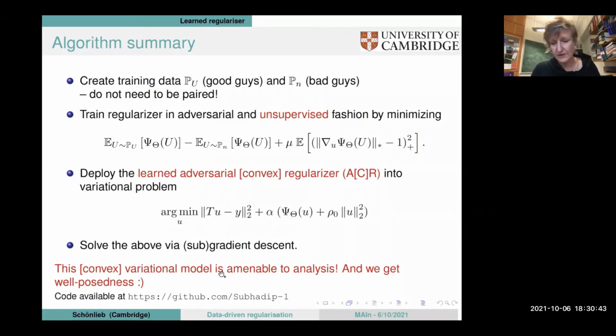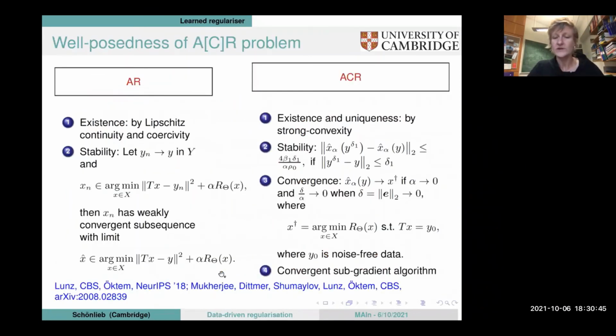And the nice thing about this is, of course, that if I do this like this, then I really can get well-posedness of the resulting variational problem, and I get this for free. Okay, so I'm not going to spend a lot of time here because this is really just off-the-shelf results. In the convex case, so the ACR is the convex one, the AR is where I let it free, so this could be non-convex. But in both cases, I get well-posedness.